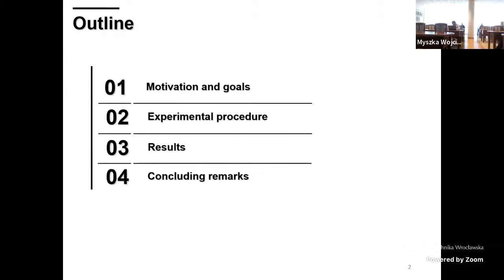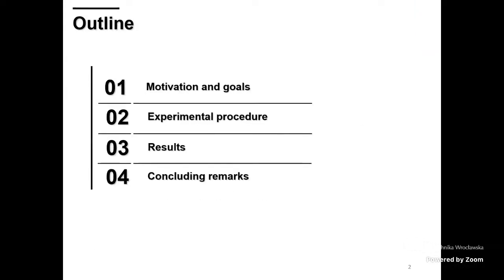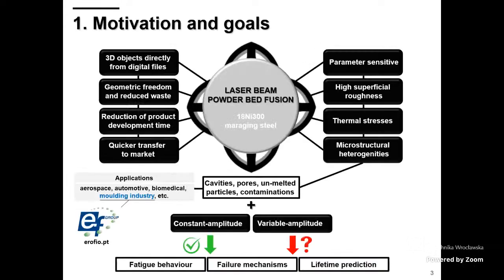So this is the outline: motivation, and a few conclusions. So maraging steel produced by additive manufacturing is currently used in different types of applications like aerospace, automotive, biomedical.